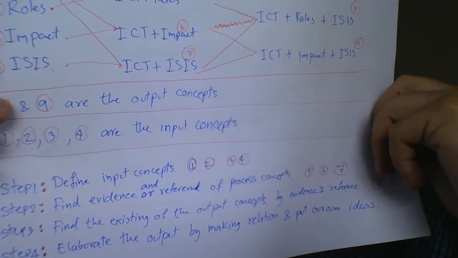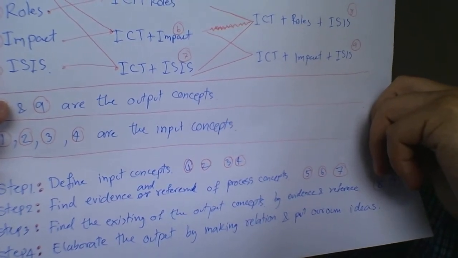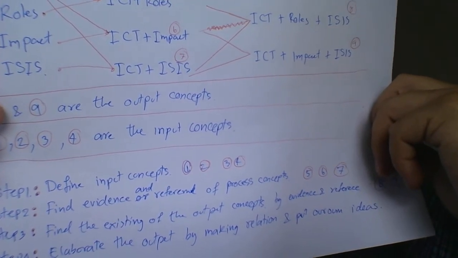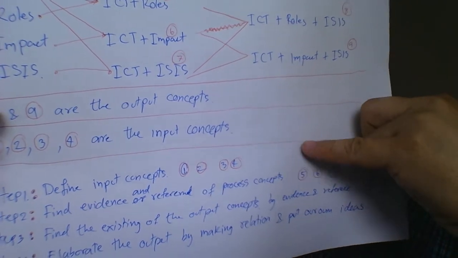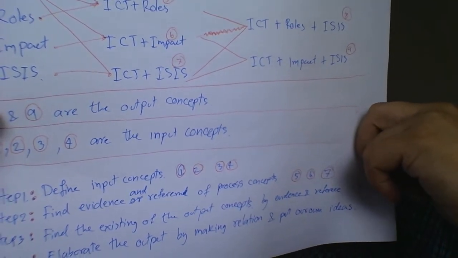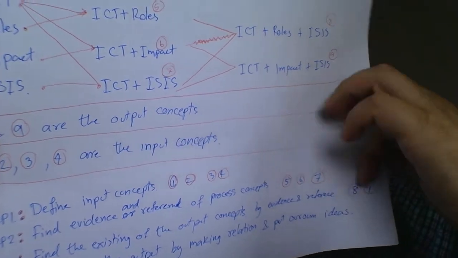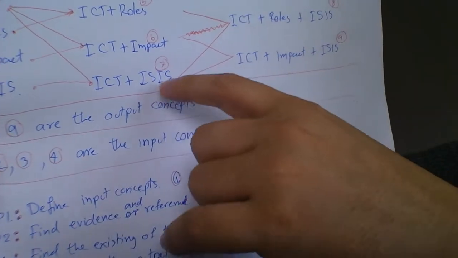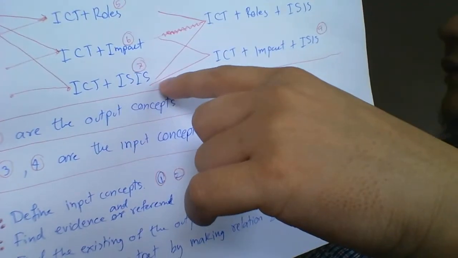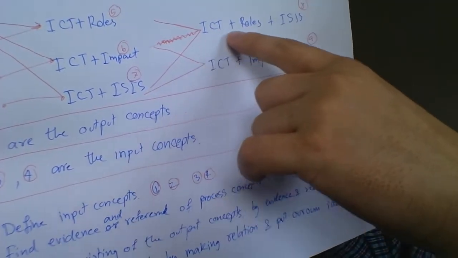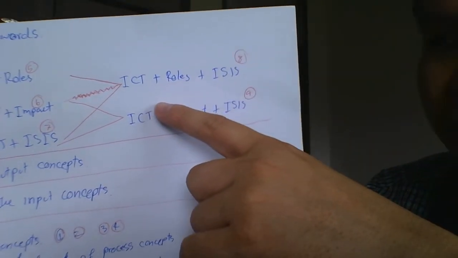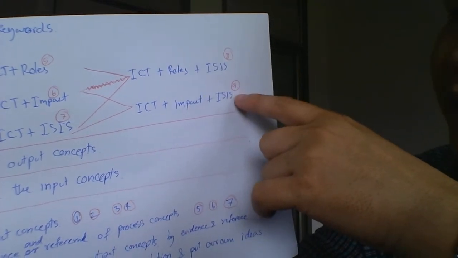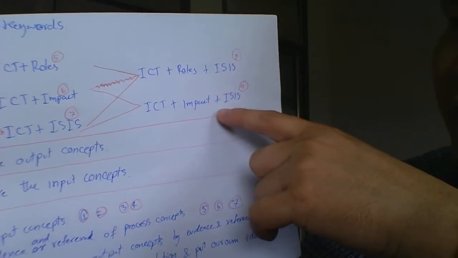Does the concept of impact of ICT already exist? Does ICT and IT already exist? Step 3 is making the output. Then you can combine ICT, roles, and IT into the first output concept, and then 6 and 7 become number 9, the second output concept.